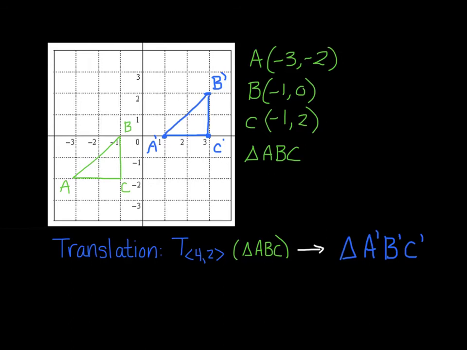They have corresponding sides: side AB corresponds to side A prime B prime, BC to B prime C prime, and AC to A prime C prime. In the last video we looked at the idea of a translation vector. You can draw a line between your starting points and your ending points.